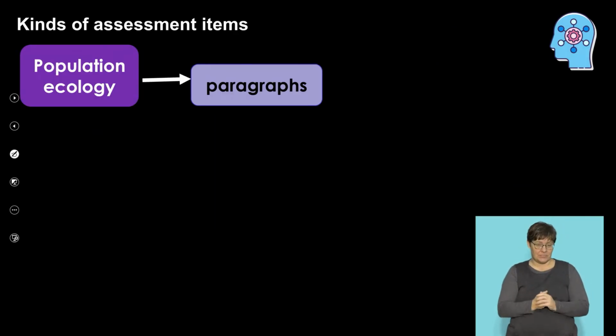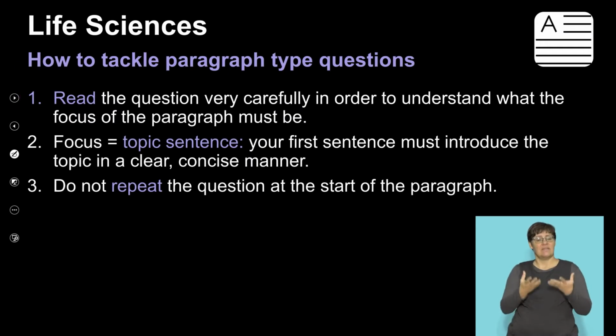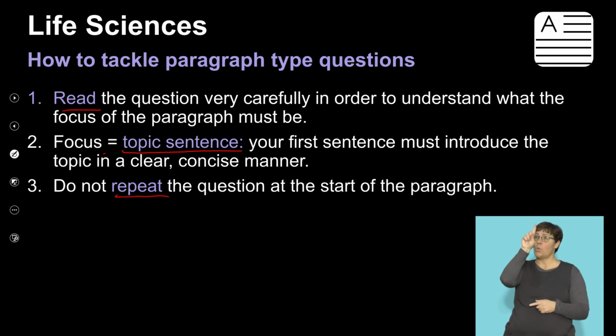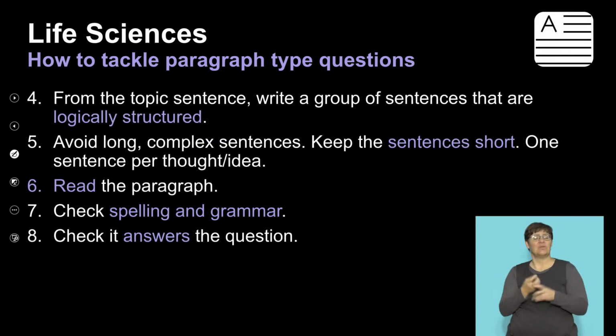In our last lesson, I gave you all the tips on how to tackle paragraph type questions. Make sure that you read the question. Make sure that there is a topic sentence. Don't repeat the question at the start of the paragraph. Make sure that your sentences are logically structured. Keep your sentences short.